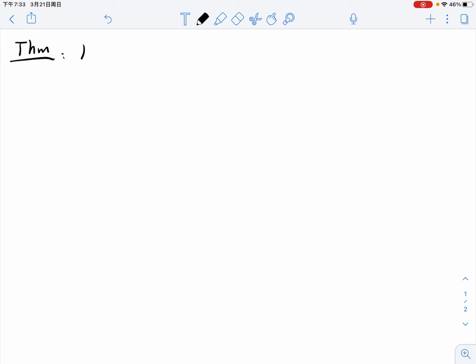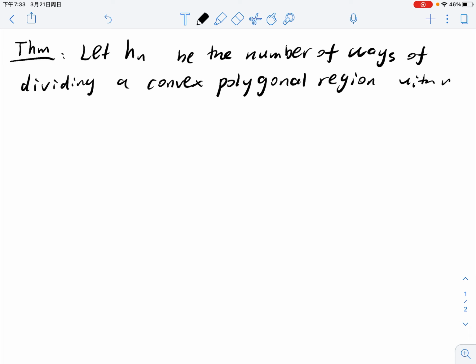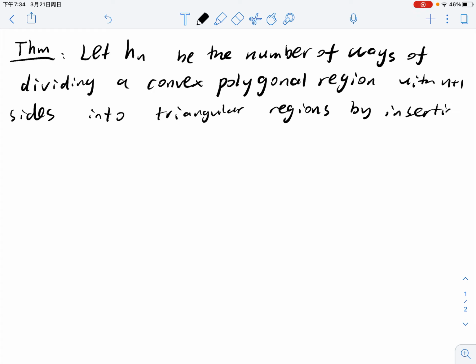Here is a theorem. Let Hn be the number of ways of dividing a convex polygonal region with n+1 sides into triangular regions by inserting diagonals that do not intersect in the interior.